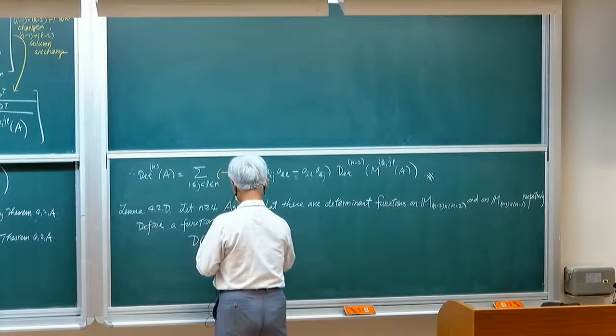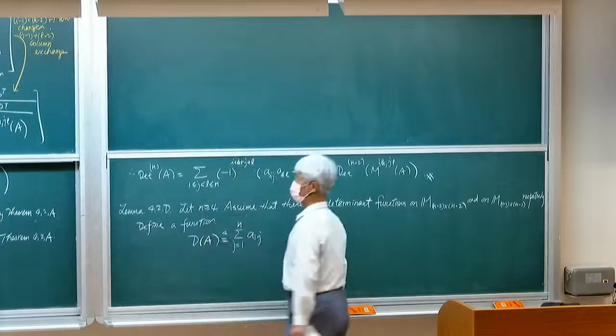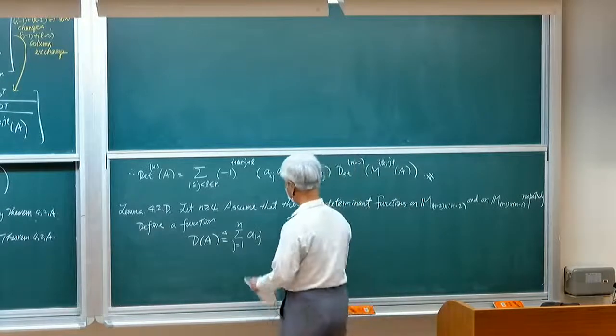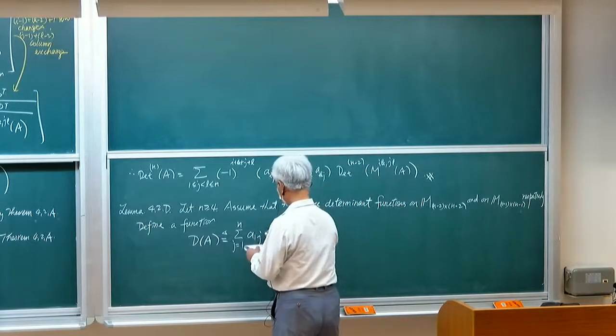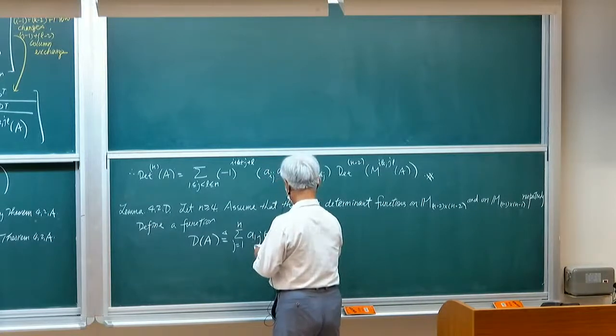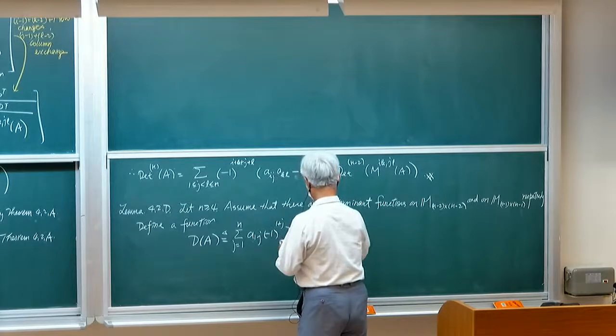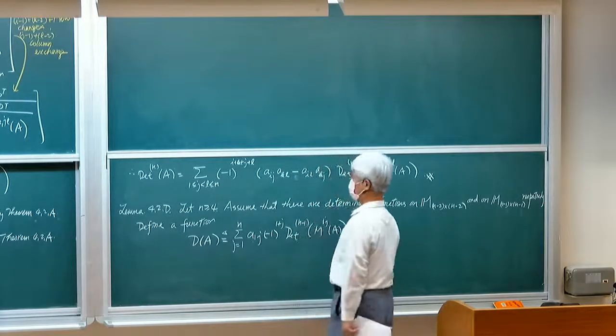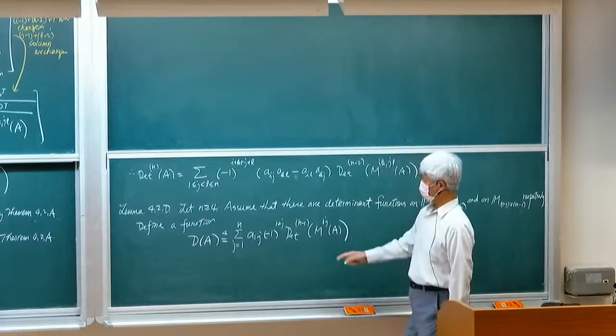Okay, so we define it by using expansion, all right, using row 1. So the sum of a_1j, (-1)^(1+j), determinant of M_1j(A). Right, so we define the function.